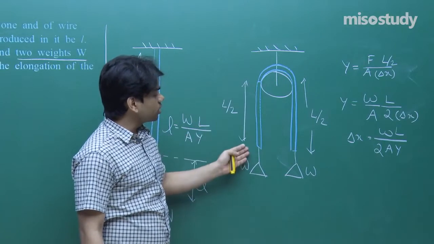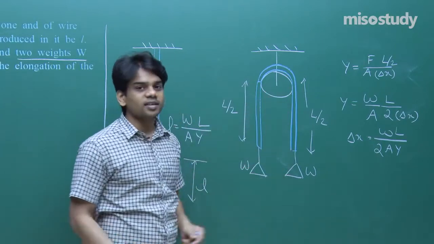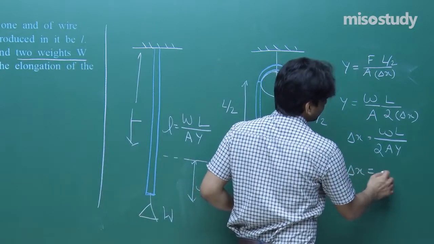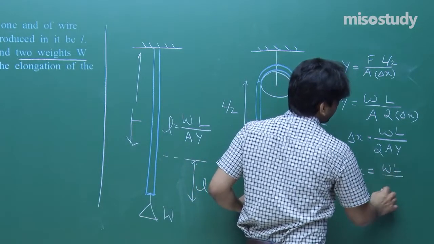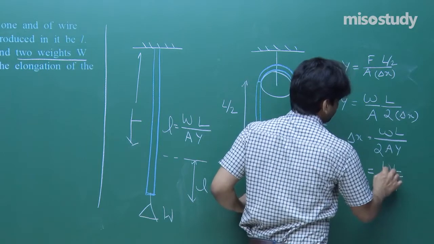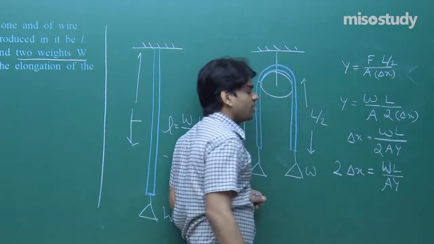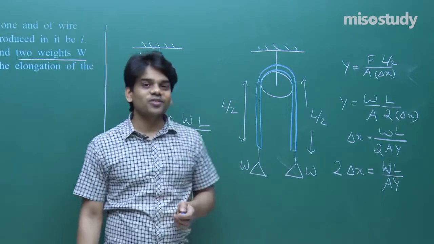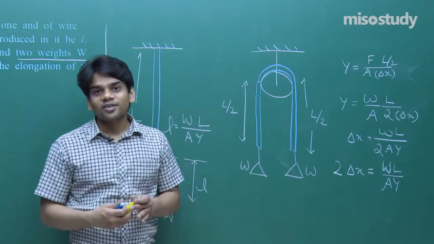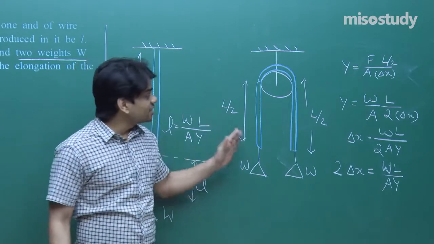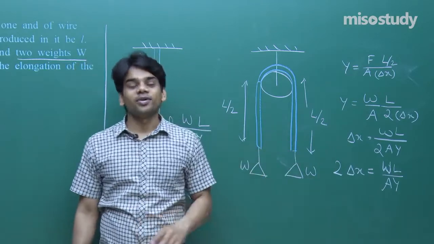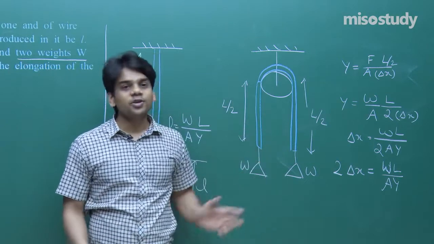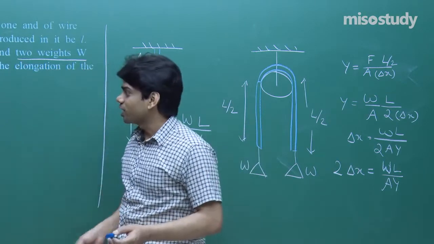The extension produced in this wire is the same as in the other wire, so the total extension will be 2 delta x, that is W L by A Y. So W L by A Y is also the extension produced in the first wire. Hence the extension produced will be the same if both the loads are attached here, even though the wire length is reduced to half. So the extension produced will be the same, that is L.